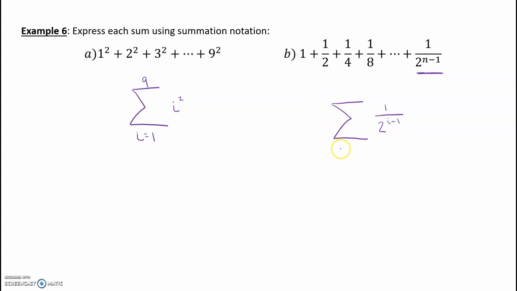Well, we want i to start at 1. Because think about it, 1 minus 1 is 0. Anything to the 0 power is 1. 1 over 1 is 1. That'll get me my first term. And then we want to go all the way to n. We want to plug in n. 1 over 2 to the n minus 1.